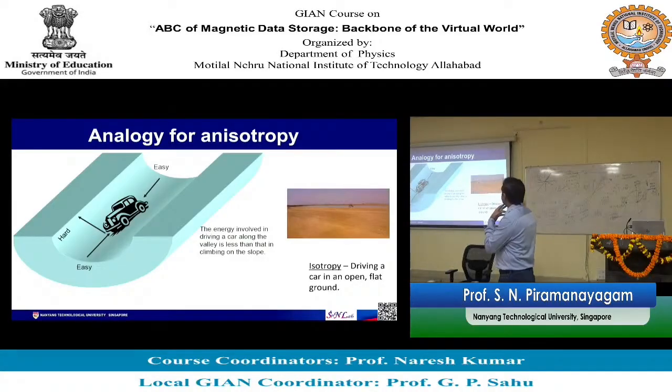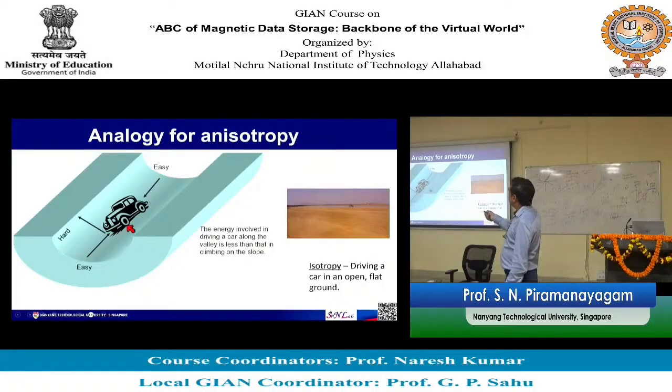So, what I want to say here is, in the isotropic case, I move the car from here, apply brake, stop, it will stop here. I drive up, stop here, it will stop wherever I stop. Similarly, in the anisotropy case, if I drive along the easy direction, let us say I stop the car here, no brake, the car will still remain here.